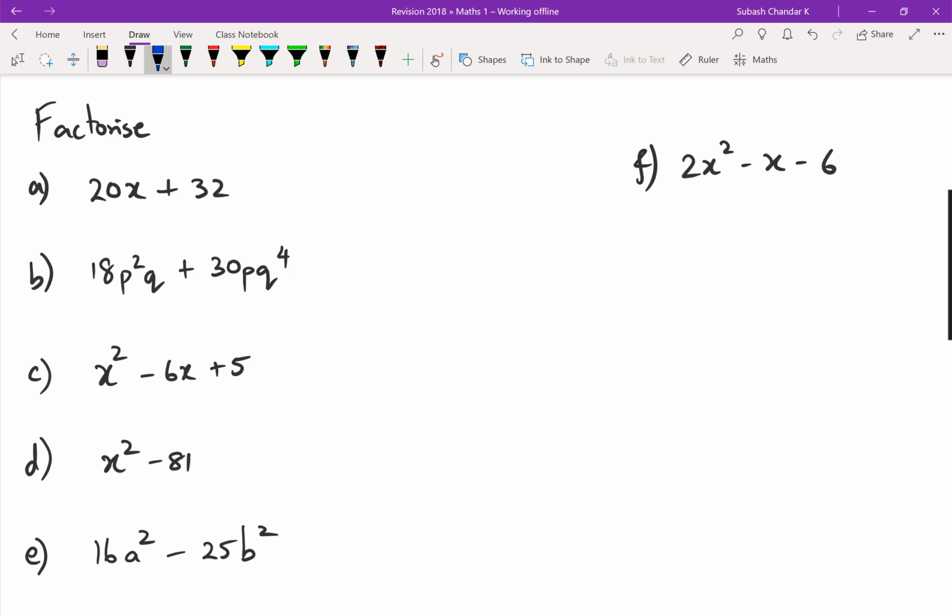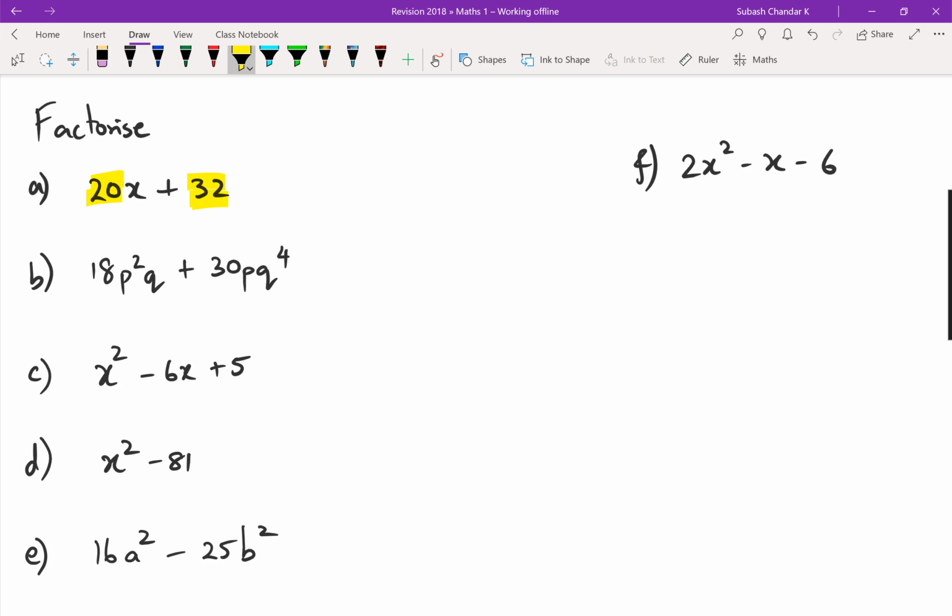All right, yesterday when I was showing this to my other class, I probably rushed through it a little bit too fast, but I'll try my best to get as much of the message through. So with the first one, when we're talking about factorizing, we've always got to put them into brackets. When you look at these two numbers here, you've got 20 and 32. You want to look at what's the highest common factor that you can take out.